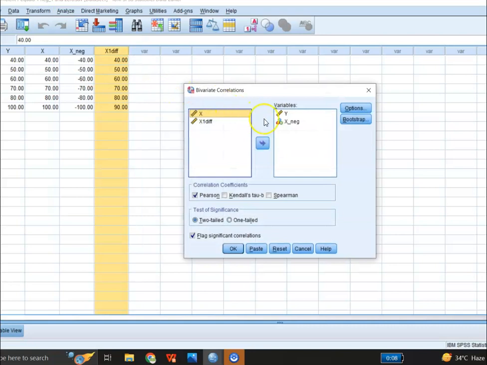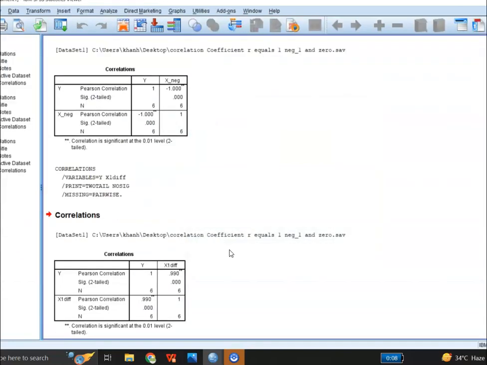If we see x1 diff, I have made only one change, from 100 to 90, the rest of the values of x are the same. In this case, the coefficient of correlation is 0.990 but not exactly 1.